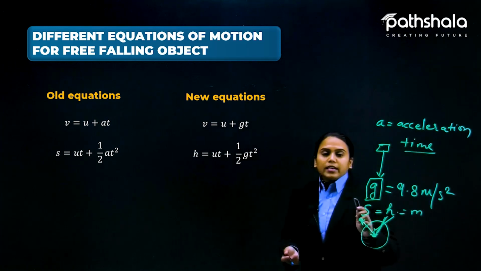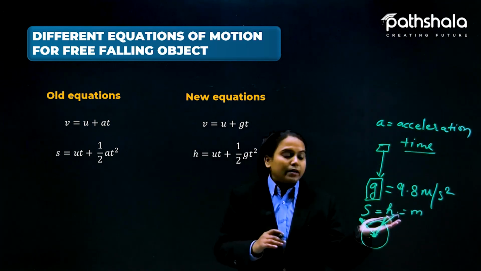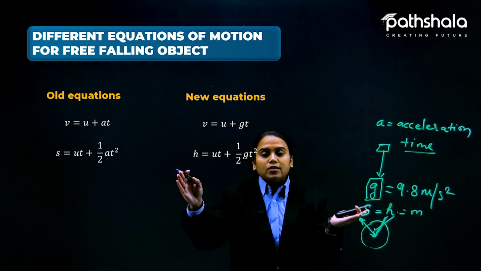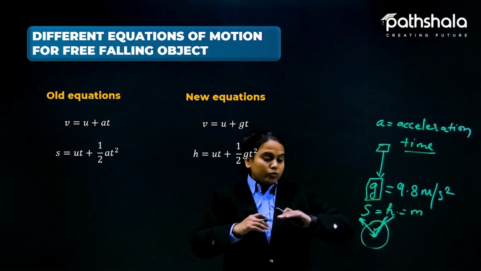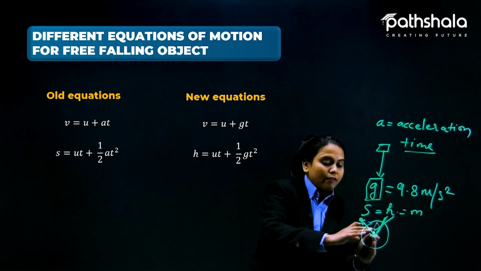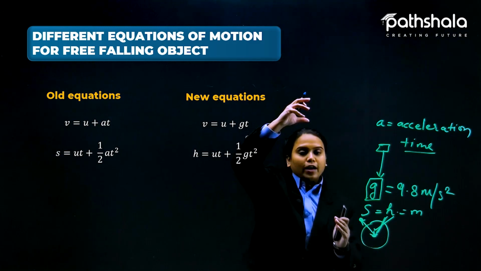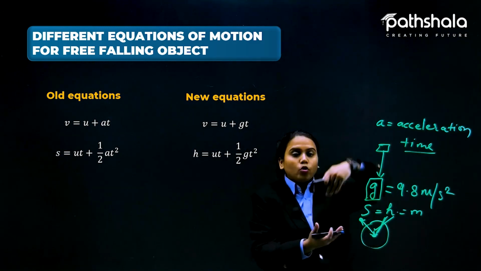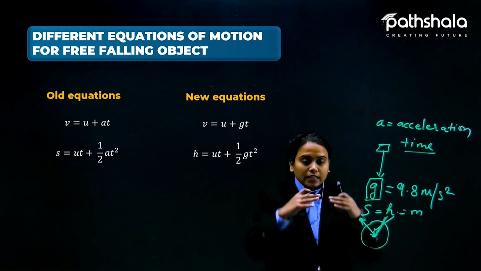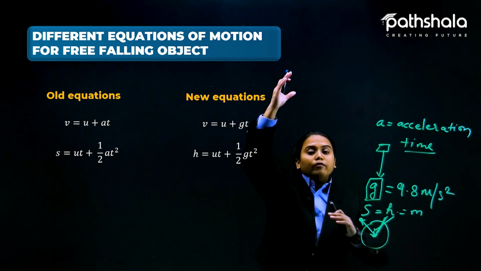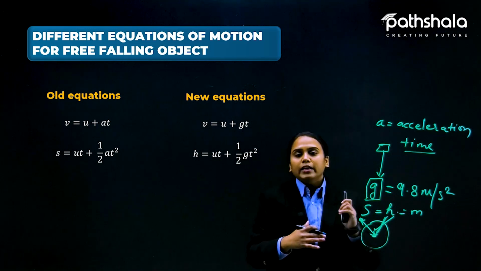It doesn't really matter, you can write s here also, but whenever we talk about the core, we take that an object is at some height, because the earth's core is in the down part, and something is falling from above, so we consider it height.